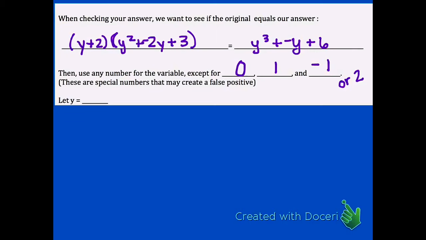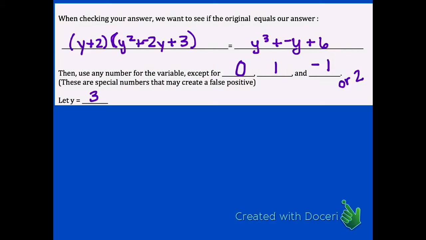And 2 plus 2 and 2 squared are the same thing. So you can run into some false positives with that. But if we're doing mental math, we don't want to keep things huge. So I will typically use the number 3 for my checking value. So again, we're just taking the original problem and making it equivalent to our answer.